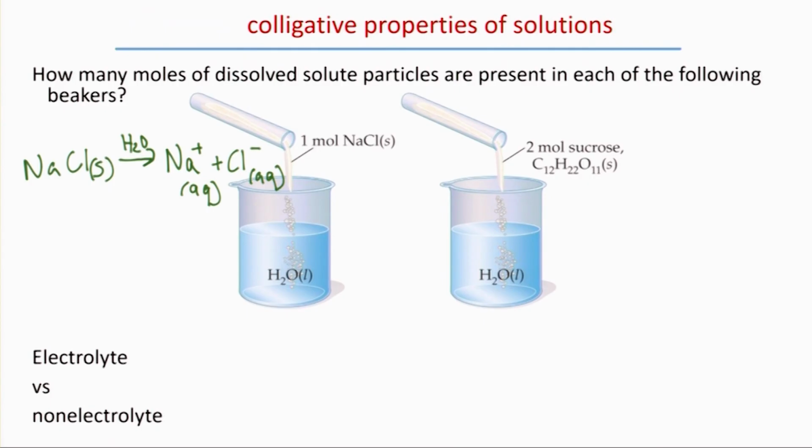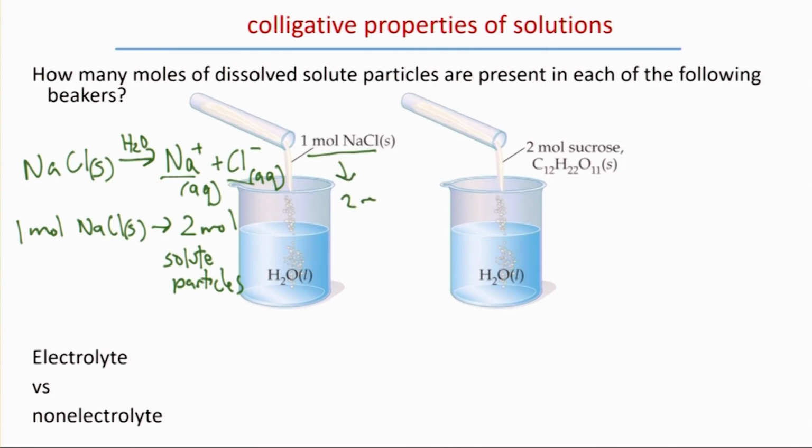So 1 mole of NaCl solid actually forms 2 moles of solute particles. You can see we formed 1 mole of sodium ions and 1 mole of chloride ions. So 1 mole of NaCl gives 2 moles of solute.